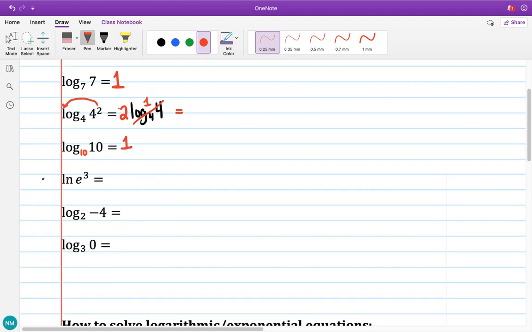Okay, now what is the natural log the same thing as saying? It's the same thing as saying log base E. Natural log is log base E. So this is saying natural log of E cubed, or log base E of E cubed. These cancel each other out, and I get 3 as an answer because of that exponent.